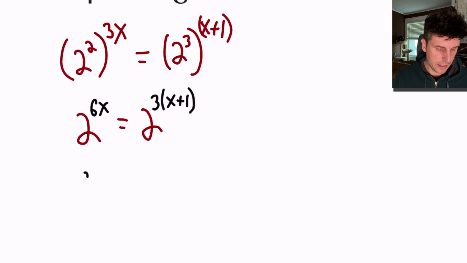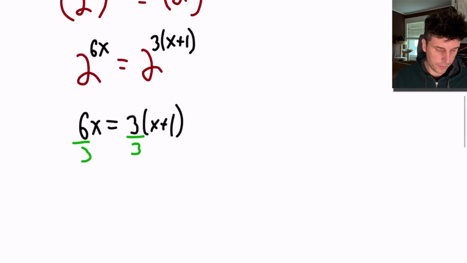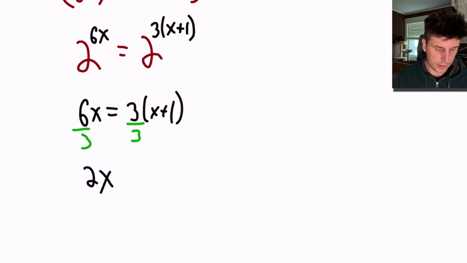All right, so let's isolate now. We're going to say 6x equals 3 times x plus 1. I'm going to divide both sides by 3. And then we have 2x equals x plus 1. Subtract x from both sides, x equals 1.